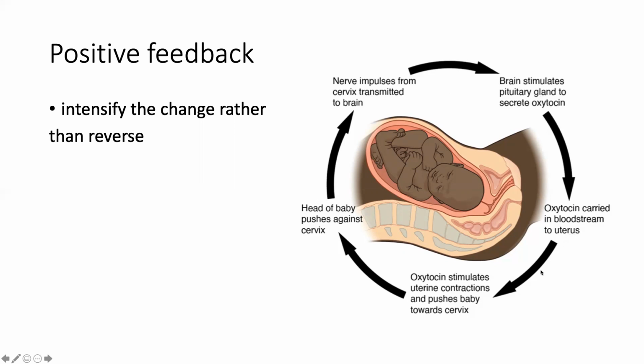Oxytocin will stimulate the uterine smooth muscle, and that will push more on the cervix. Because of more pressure on the cervix, the head of the baby pushes against it, giving more and more force, a more and more intensifying effect. That is the positive feedback mechanism. Okay, I'm going to stop here.